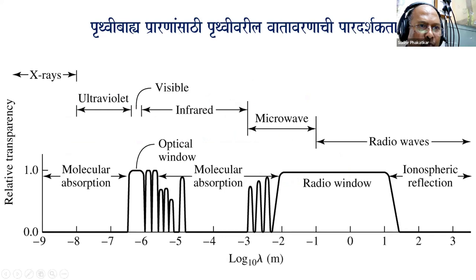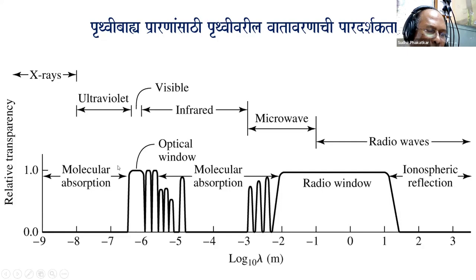If you see this slide carefully and follow my cursor rotation, this is the radio window which is available for humankind to observe outer celestial objects which radiate radio energy, and which reaches up to the earth's surface. Compared to this radio window, you can see the optical window is much smaller.